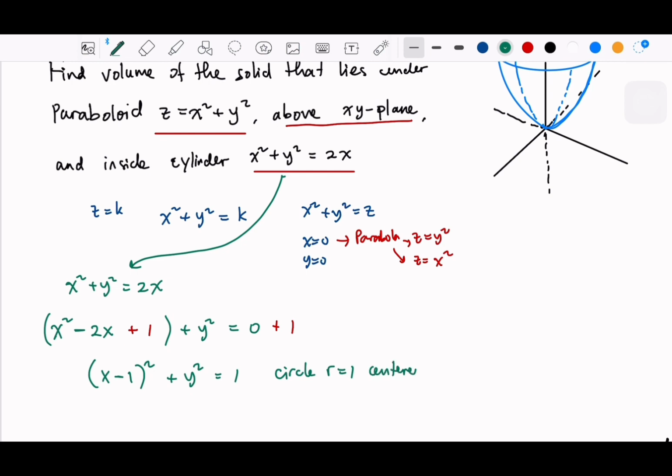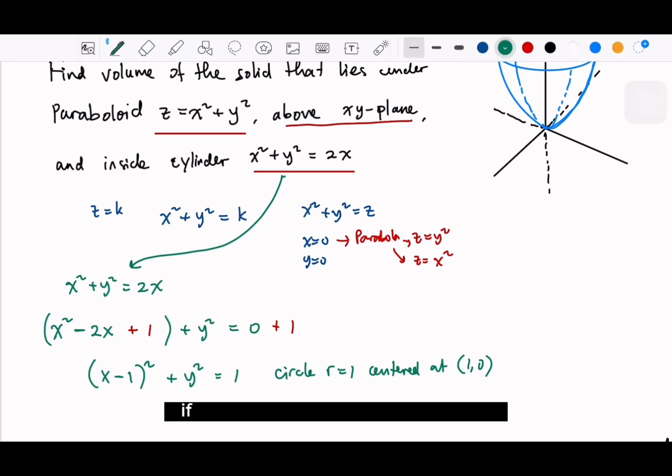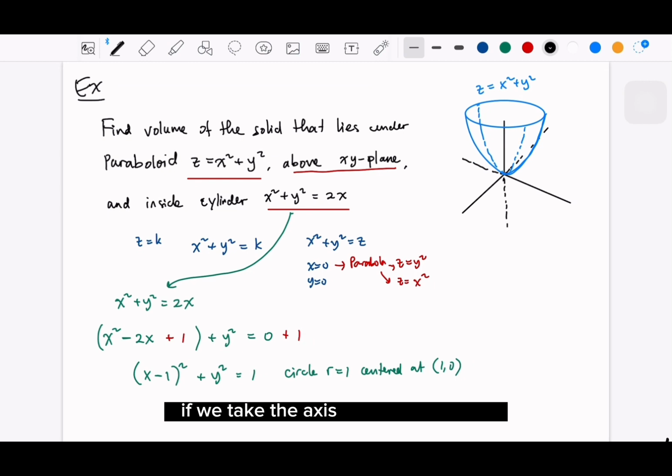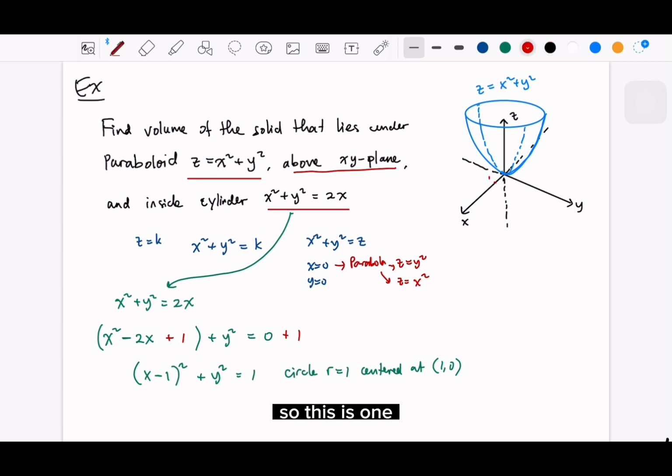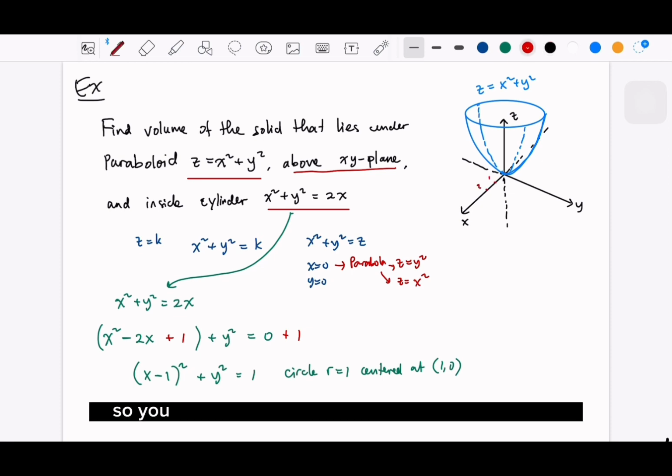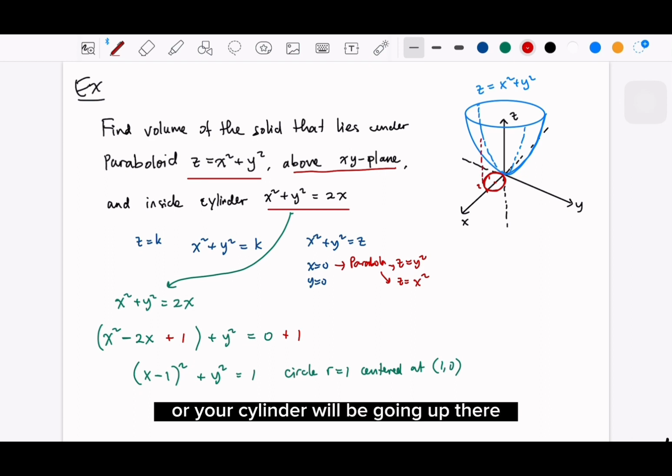Centered at, okay, now if we take the axes here in the graph, this is y, this is z. So let's say this is 1 here, this is 2. So you have a circle here, that will be your circle. So where's your cylinder? Your cylinder will be going up there.